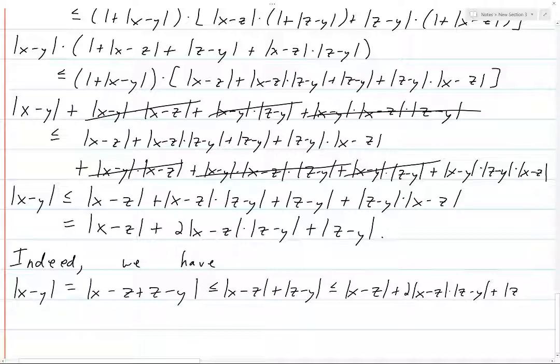Now, the proof I've actually done here is in the order in which you would figure out the proof. But how would you do it if you wanted to write up a really elegant black magic proof? What you would do is say the norm of x minus y equals the norm of x minus z plus z minus y, which is less than or equal to this thing, which is less than or equal to this thing that I've written at the end here.